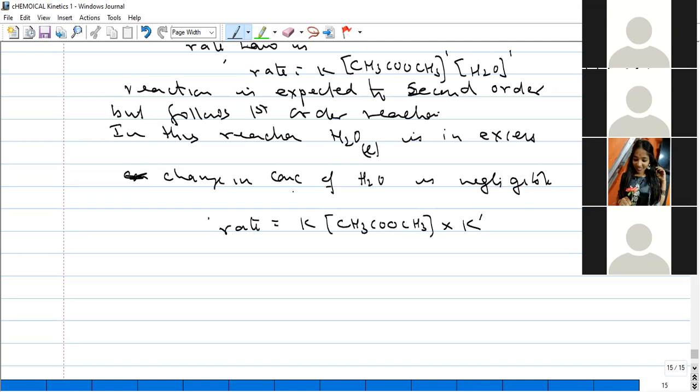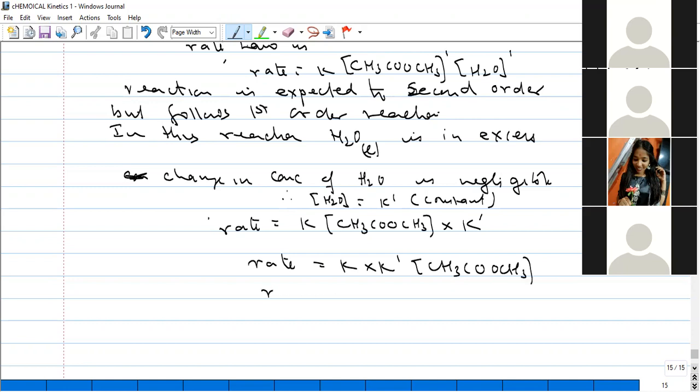Water is negligible, therefore the concentration of water is taken to be a constant. So rate is equal to K into K dash into concentration of methyl acetate, and K into K dash is equal to K double dash.